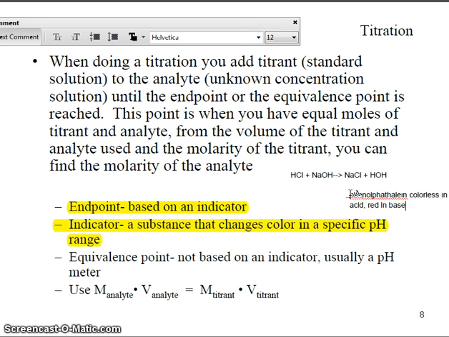So at any given point of time, since the moles of acid and moles of base are exactly the same, one can say very safely that moles of acid times volume of acid should be equal to moles of base times volume of base. And we are able to say that because by stoichiometry, as the neutralization reaction takes place, 1 mole of the proton interacts with 1 mole of OH negative to generate your water molecule.